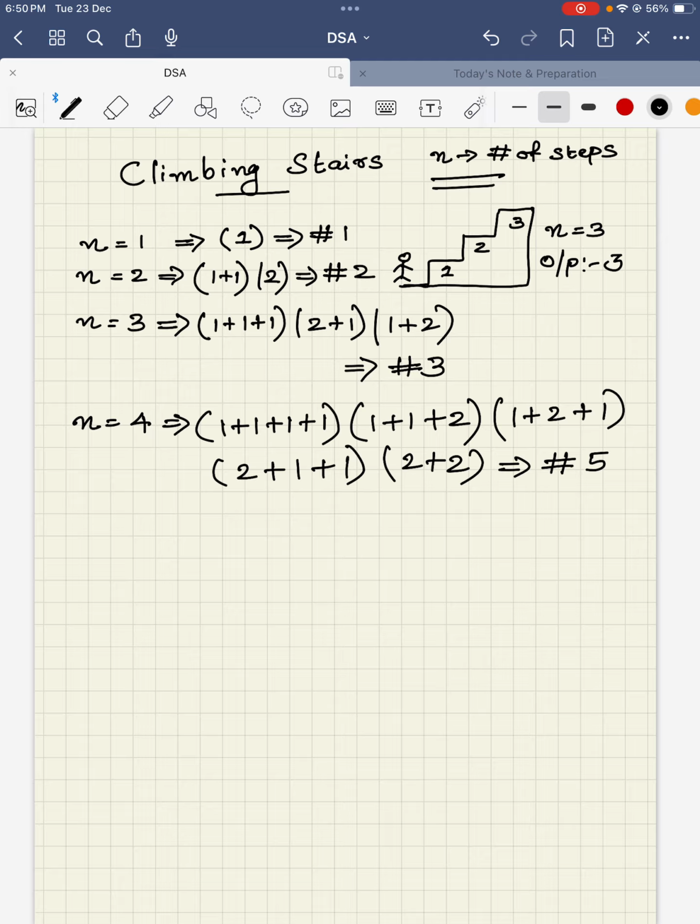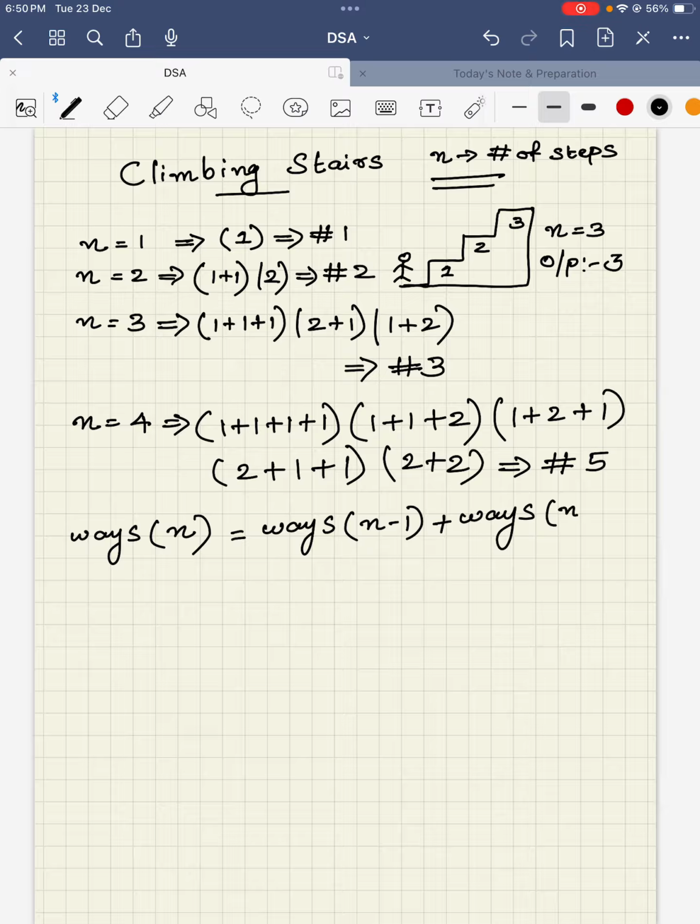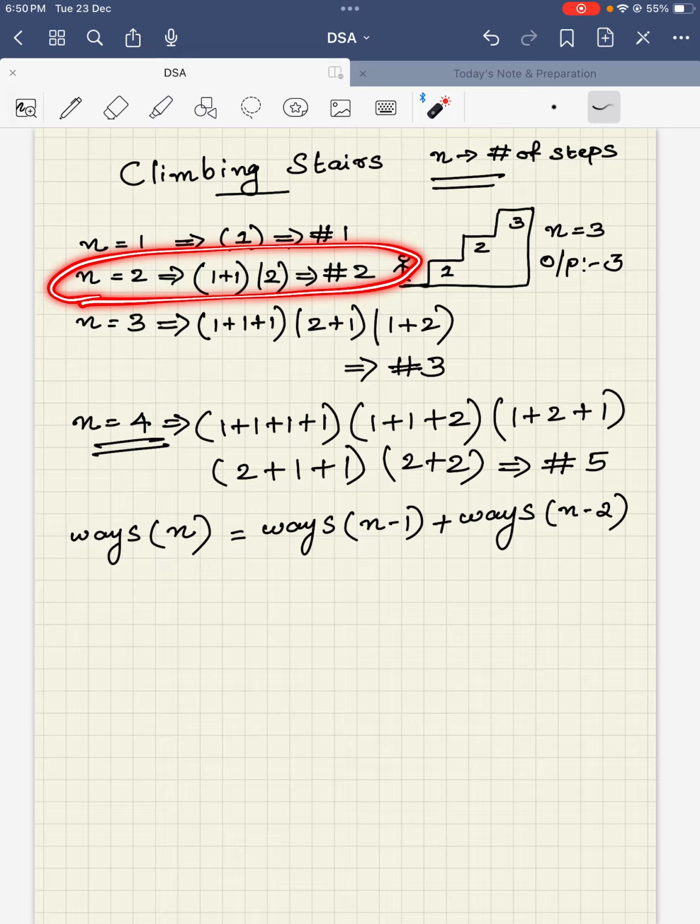Whatever the number of ways, for a given n steps, it is nothing but the number of ways one could reach the n minus 1 step plus the number of ways one could reach the n minus 2 step. You can see for n equal to 4, this is the number of ways for 2 plus the number of ways for 3. 2 plus 3 is 5.